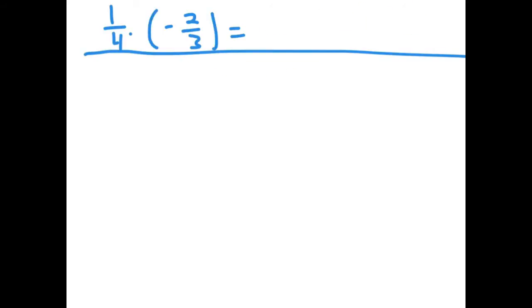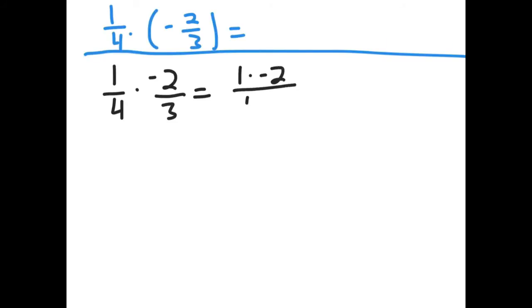For this problem, we will have to do 1/4 times -2/3. So now we would make this a -1, and make this a 2.